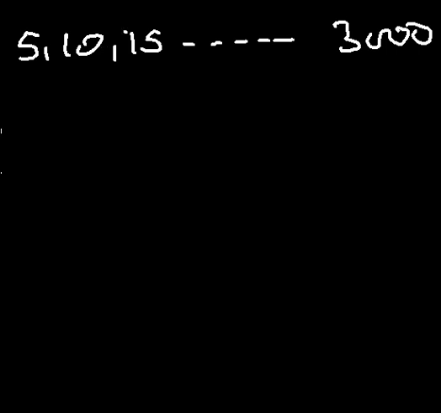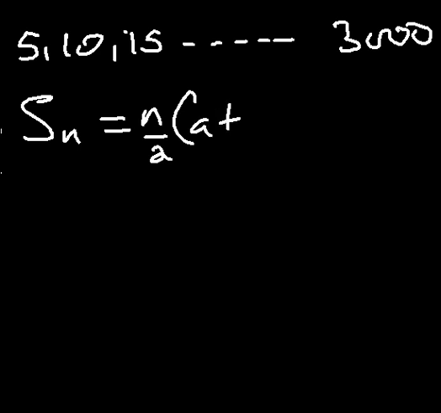In this case, since we have the last term, we use the formula which says that the sum of n terms is n over 2 times the first term plus the last term. We should calculate the number of terms first, using the nth term formula.